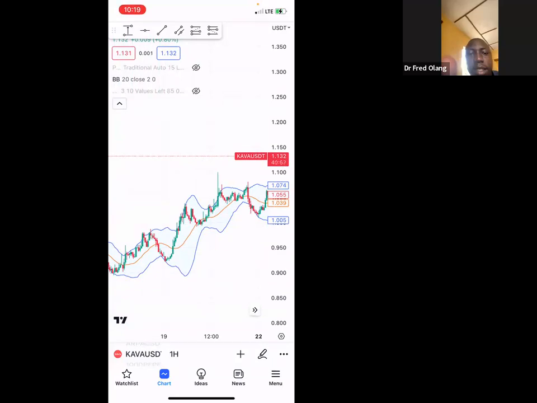Now, what's a moving average? A moving average is that line that shows you the average price of a certain number of candles.